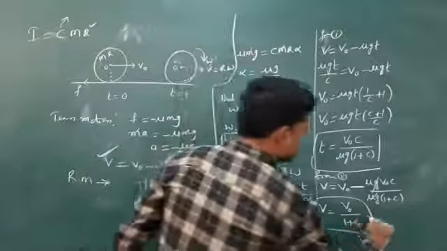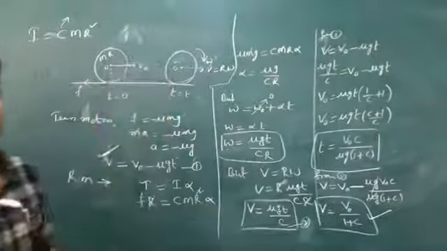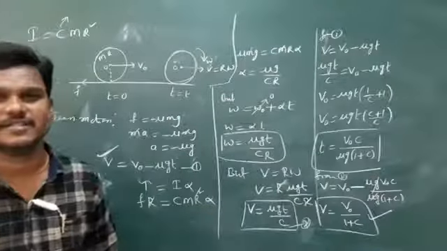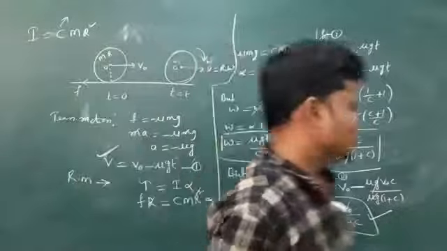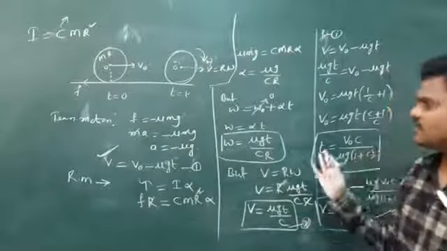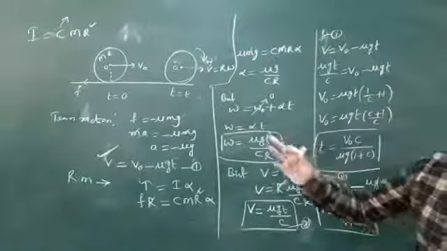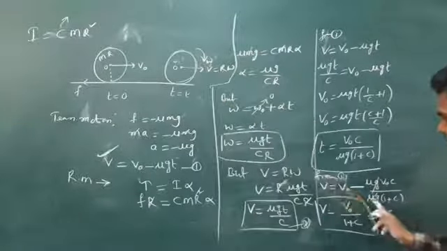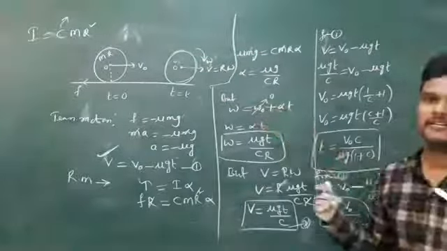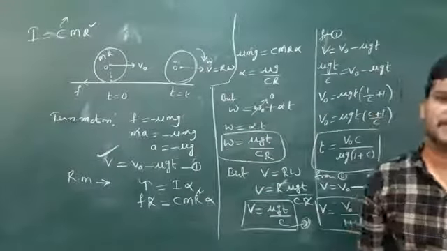We can get this equation directly by using the angular momentum concept, but I am using some kinematics. You follow the methods, and if they give the moment of inertia or the c value, just substitute and follow the method, you will get plenty of numericals.